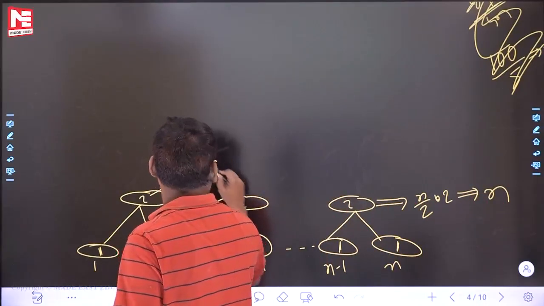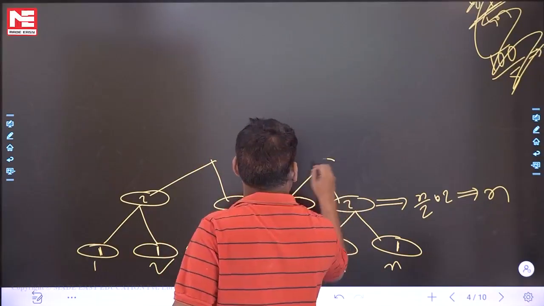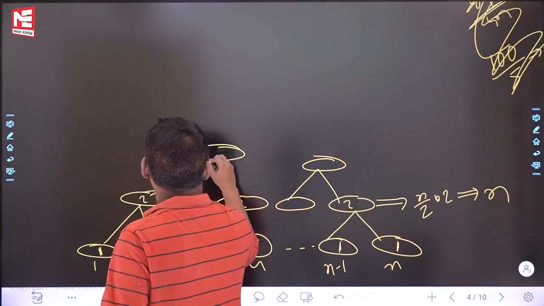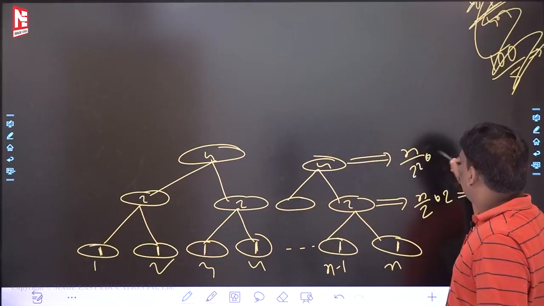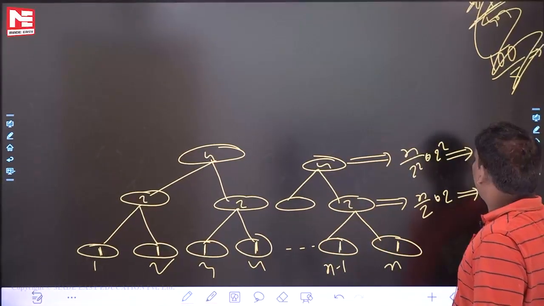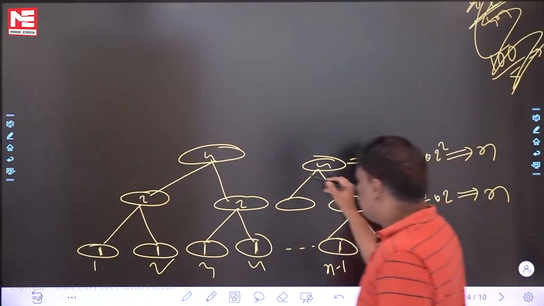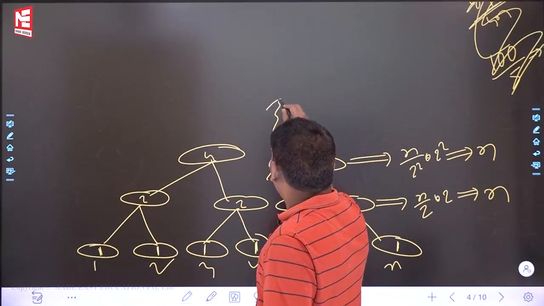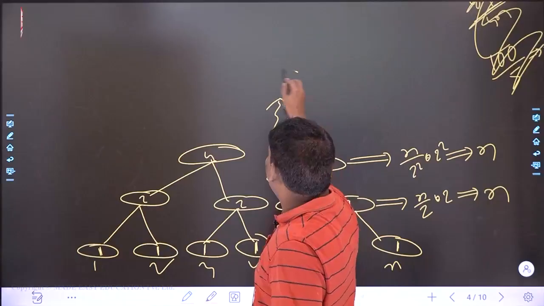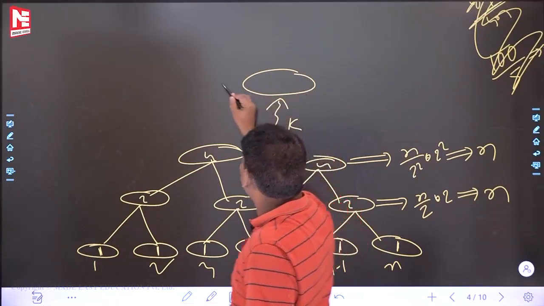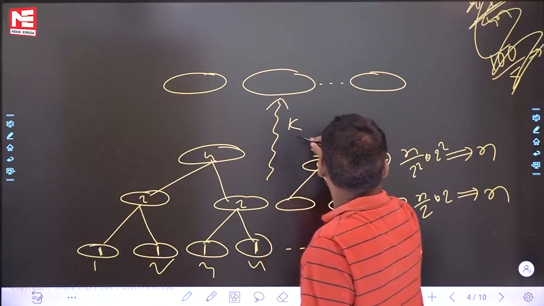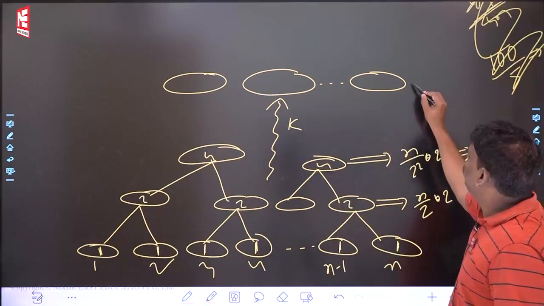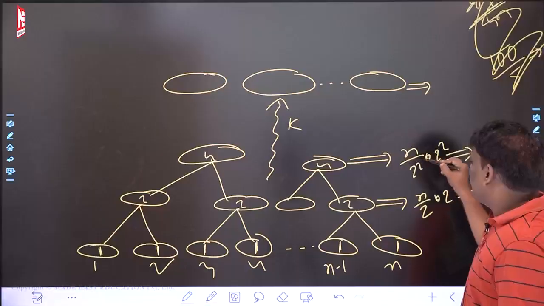Right? In the similar way, these are sorted. Let's merge again. 2 becomes 4. Right, same story. What is the answer? N by 2 square, each of size 2 square, which goes to again n. Right, continue. Continue k times.